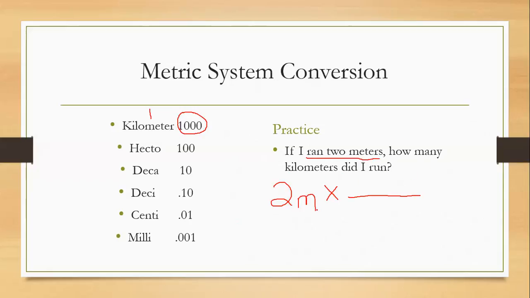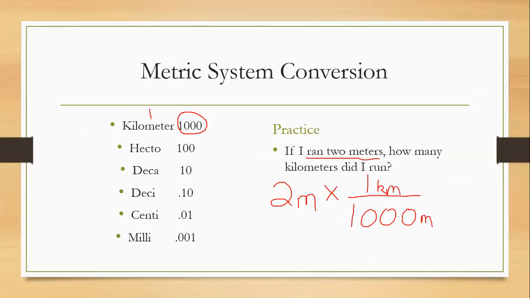So if we're converting meters into kilometers, we are going to expect this number to actually get smaller because kilometers are bigger than meters. It's confusing, but it'll make sense. So let's write this out. So since we're looking for this number to get smaller, we are going to write the bigger number on the bottom. So there are 1,000 meters in 1 kilometer.